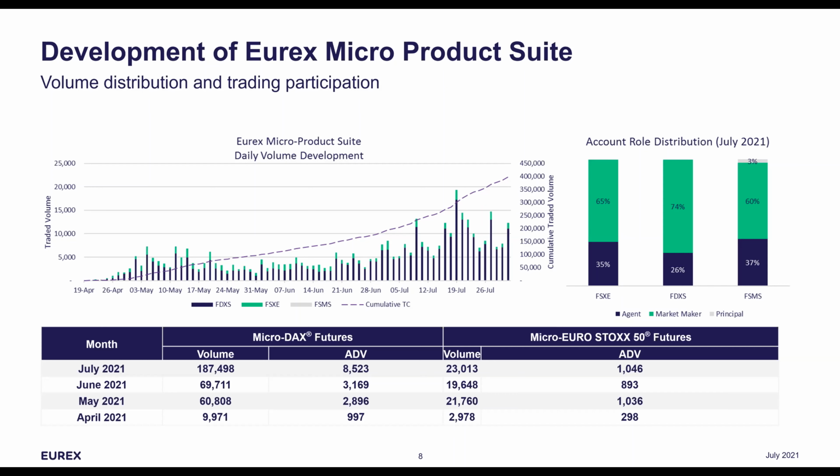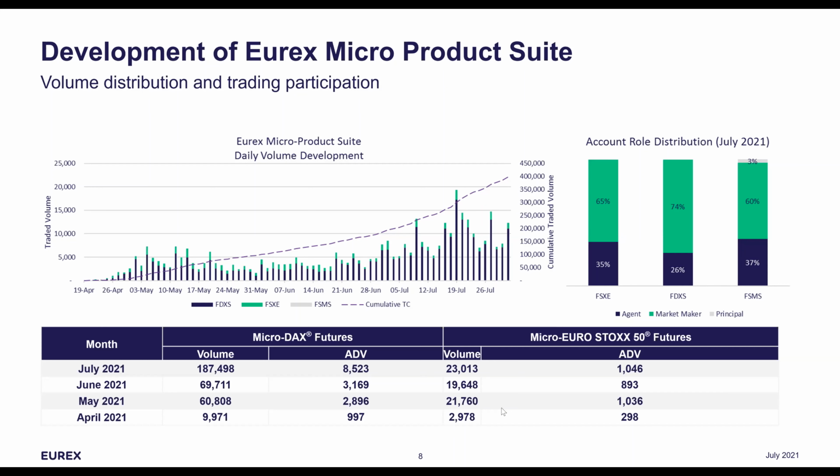So over time, more and more participants are joining the product, and I think this is a good view of its success. Therefore more liquidity comes into the product, and the spread becomes way tighter, almost the same spread as the existing product. So we're seeing a very positive development in the product itself.